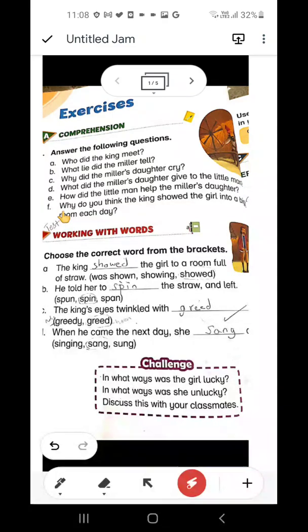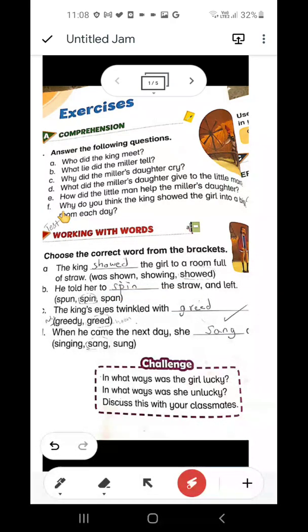Because always keep in your mind that to is always preceded by the first form of verb. Always. See, he told her is telling us that something happened in past. But to spin is the requirement of this sentence. Just remember this thing. That is why we are using the first form of verb here.